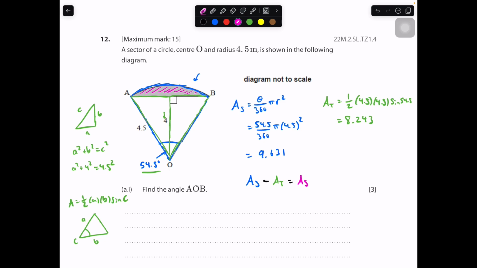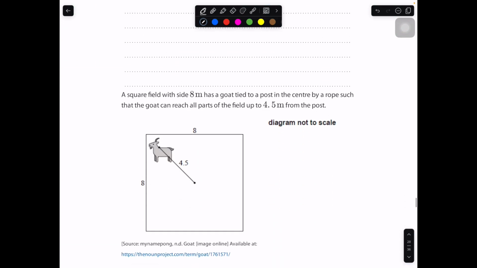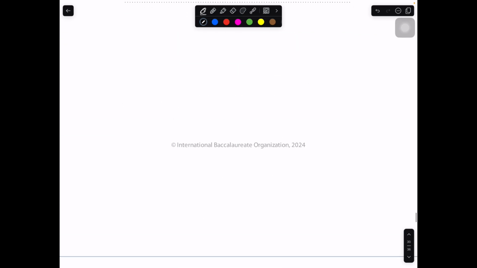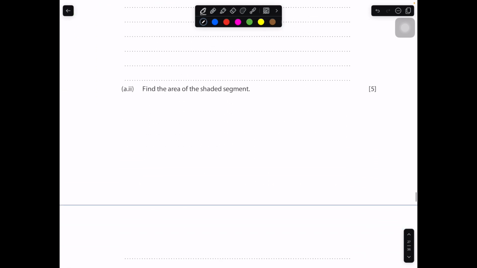So 9.631 minus 8.243. This would give us a value of 1.388, or 1.39. Okay, there we go. There's a goat. Okay, I think that's it.